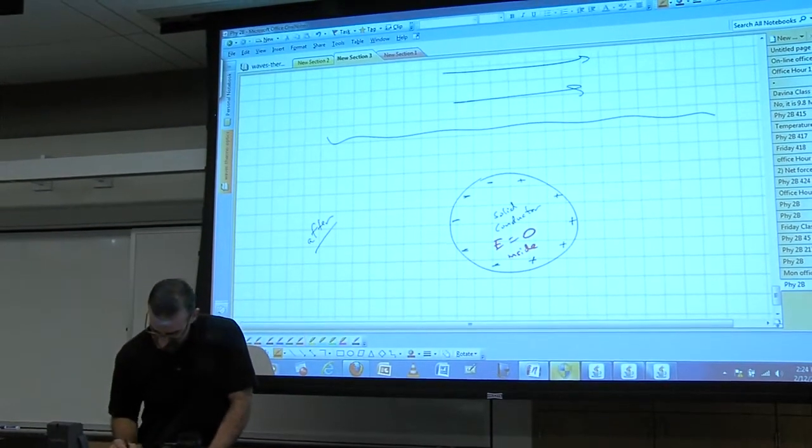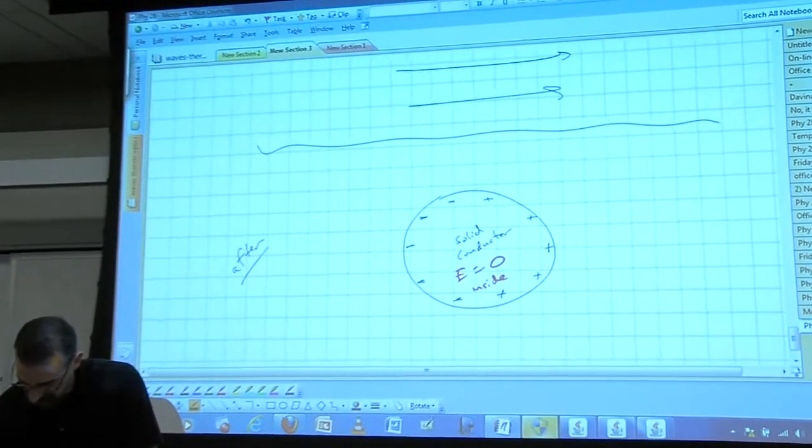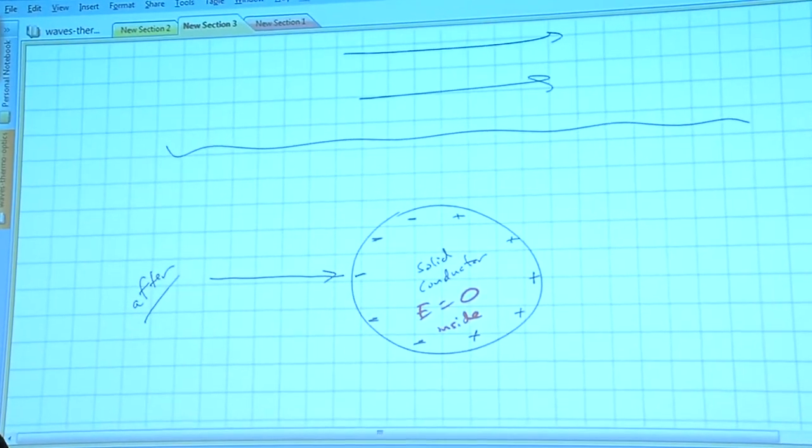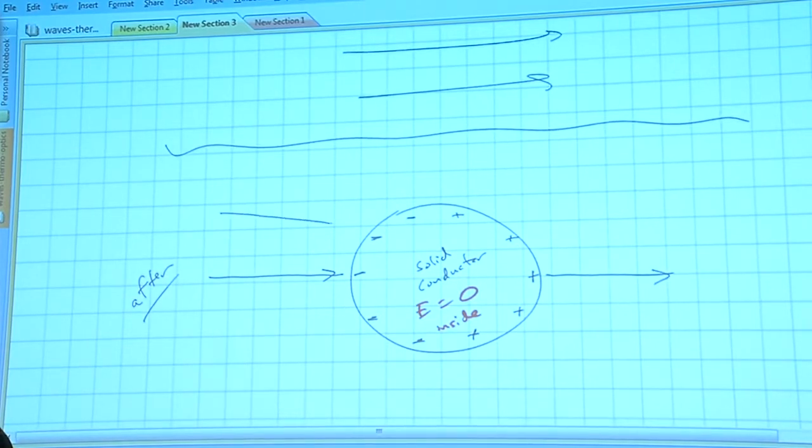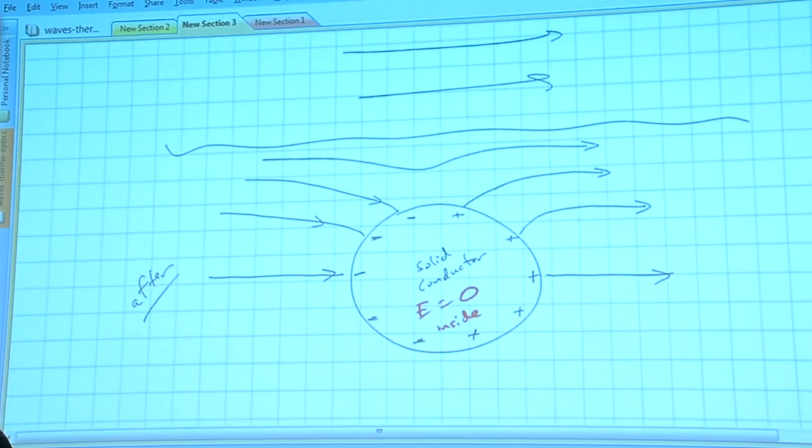Gesundheit. And so what do you have? Your external field was coming along here, and it terminates on that negative charge, and then it picks up again on that positive charge. And so our electric field looks something like that.